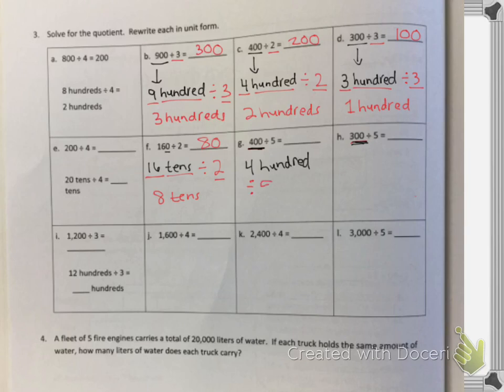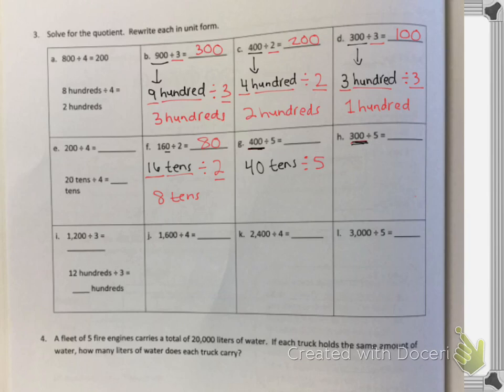We can't do that. We can't use that mental math. However, if we changed it to 40 tens, we could. We can divide now. Okay? All right, so do the rest on your own for G and H.